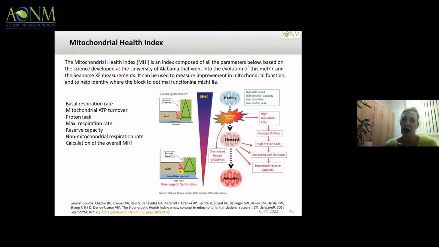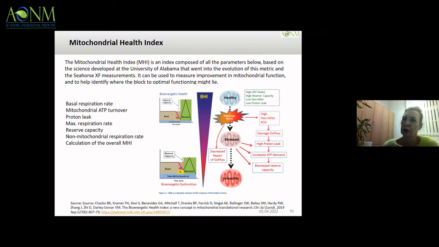They have a very low non-mitochondrial oxygen consumption, and they have a low proton leak. That means that all the oxygen going into the mitochondria really goes into production, and it's not lost by hydrogen peroxide production and so on.